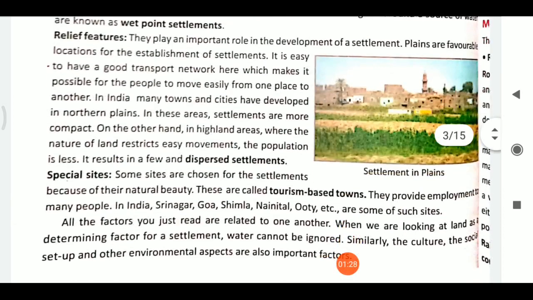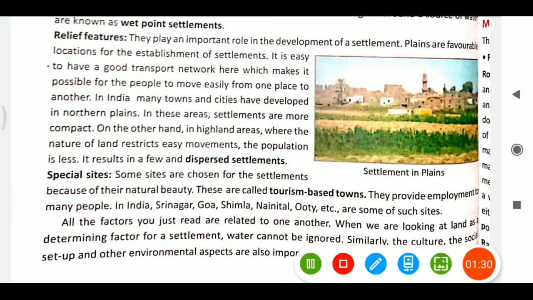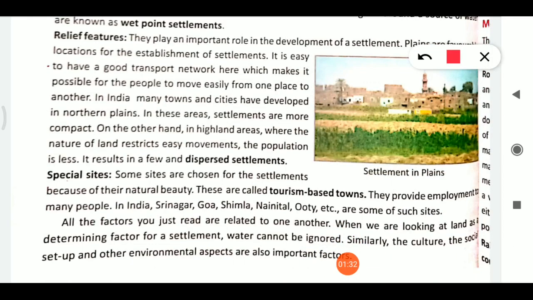Then after, next we have relief features. Relief features play an important role in the development of settlements, and plains are favorable locations for the establishment of settlements, because there is an easy transport network, and it makes it possible for people to move easily from one place to another.